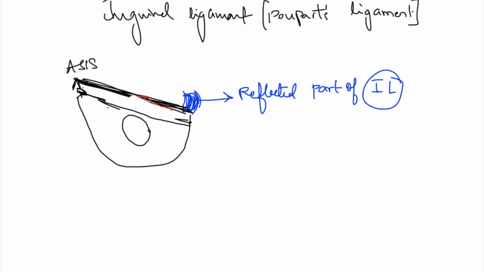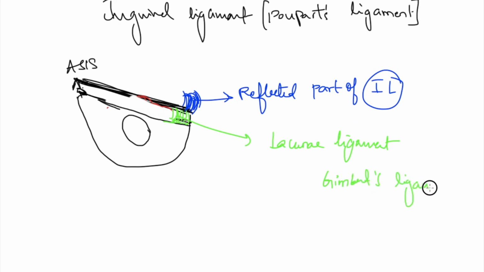So this is the inguinal ligament, right? Some of the fibers are connecting the inguinal ligament medially with the periosteum of the pubic ramus. This is known as your lacunar ligament, also called Gimbernat's ligament.